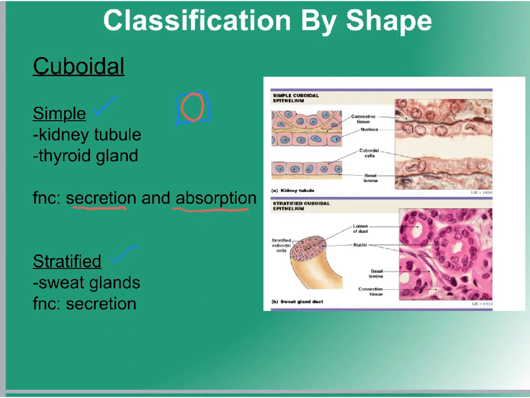So if we're looking at, for instance, one of the tiny tubes in your kidneys that are used to filter your blood, and that blood filtrate, what's filtered from your blood, contains molecules that your body might want to reabsorb, and we might want to secrete molecules into that fluid. So let's say, for instance, that filtrate is passing in this direction.